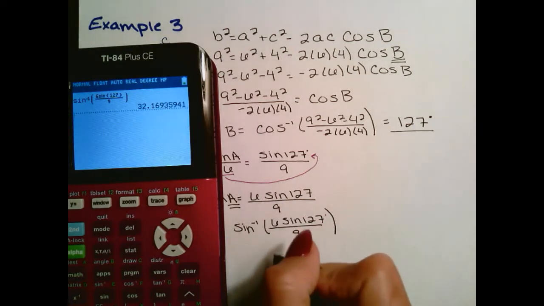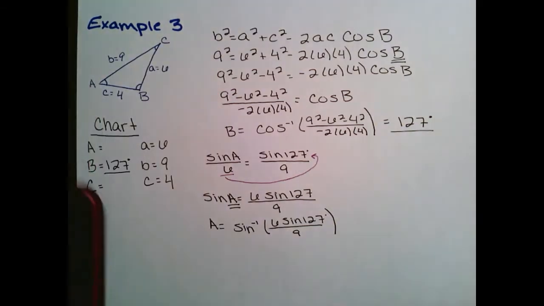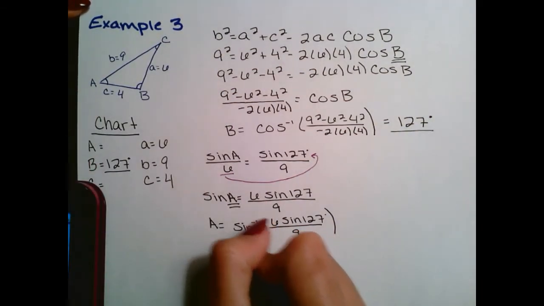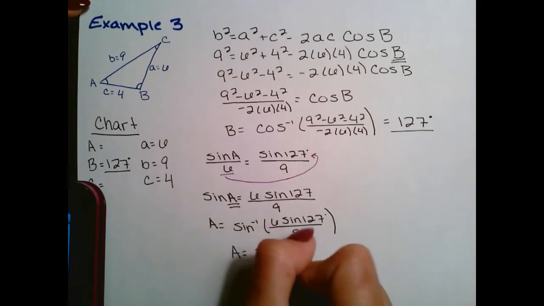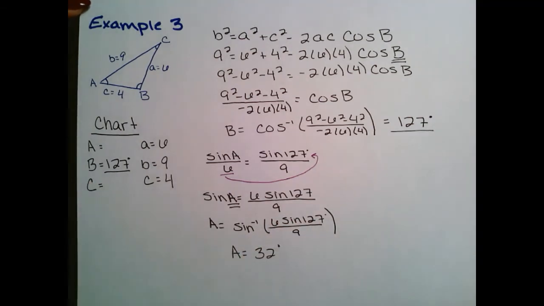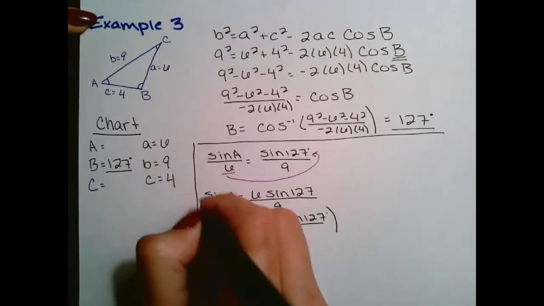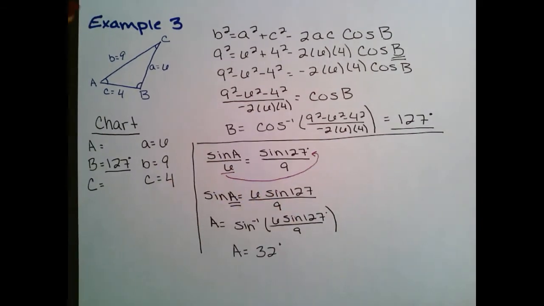And now we have that angle A is 32 degrees. All right. So up to here we found angle B, and up to here we found angle A.